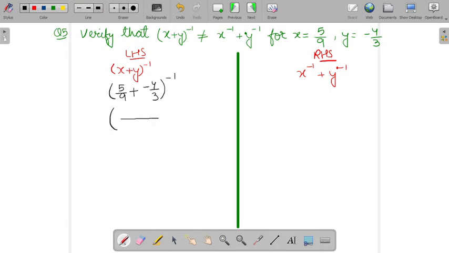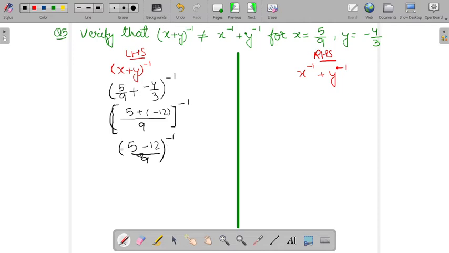You will solve the bracket first. 9 LCM, 5 plus minus 12, by dividing 3 and multiplying with minus 4, and its reciprocal. Don't forget to write the reciprocal.